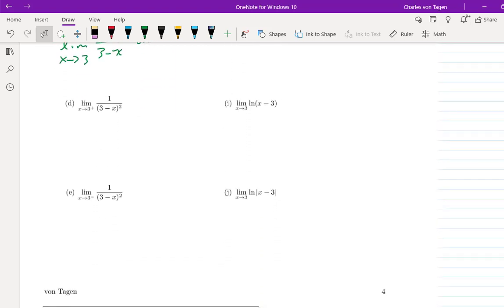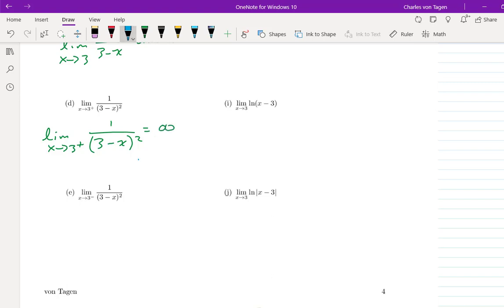How about this one here, folks? I got positive infinity. I get positive infinity as well. Because of that square. How come?